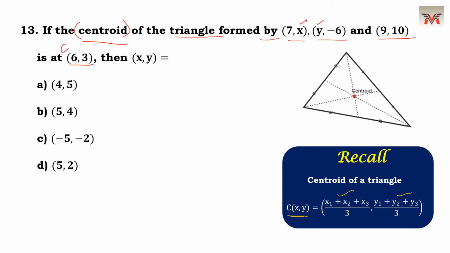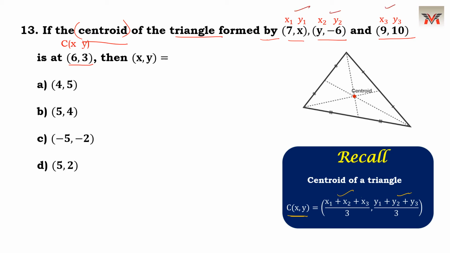Now let us apply this formula to the problem. What do we have to consider here? We have to consider x1, y1, x2, y2 and x3, y3. Here I have taken it directly, which you can apply. I have given x1, y1, x2, y2, x3, y3 here.